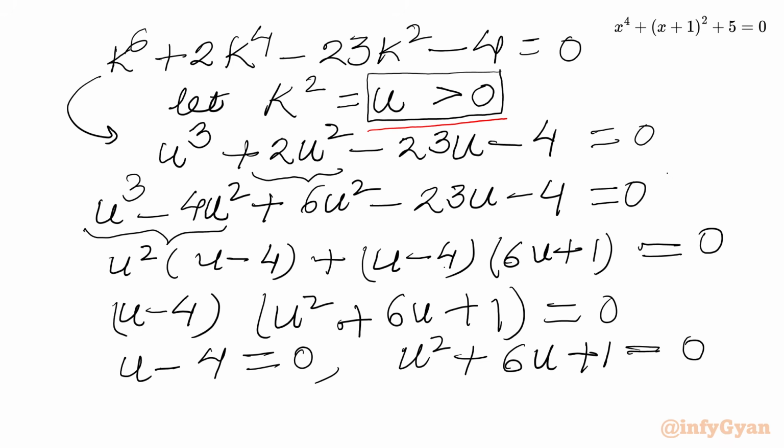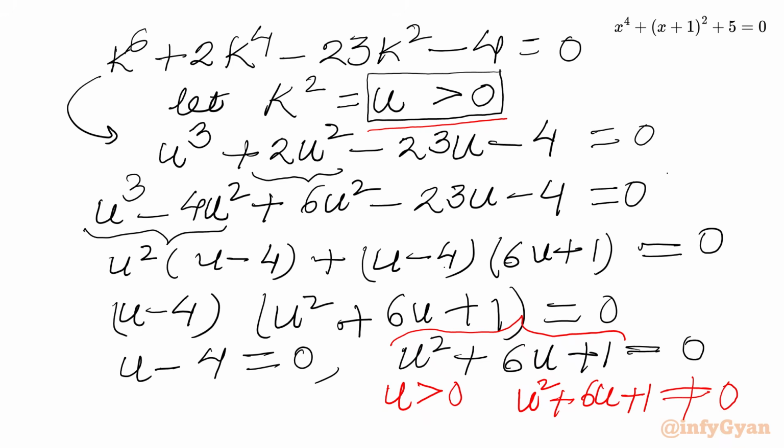Because u is greater than 0, if I consider the quadratic equation for u positive, all the coefficients are positive numbers, so this equation will not hold true. u square plus 6u plus 1 cannot be equal to 0 for u greater than 0. So we have only the equation u minus 4 equal to 0.